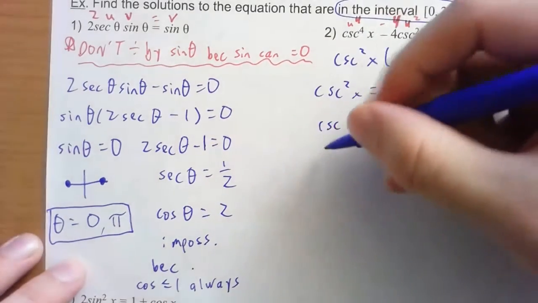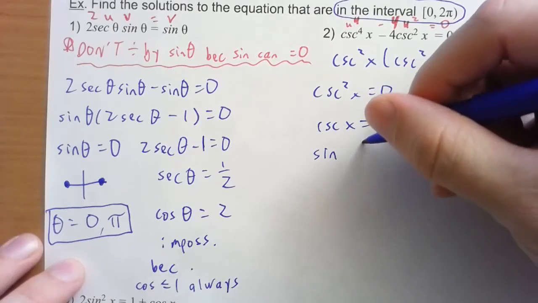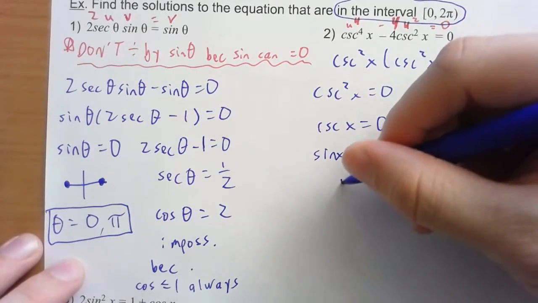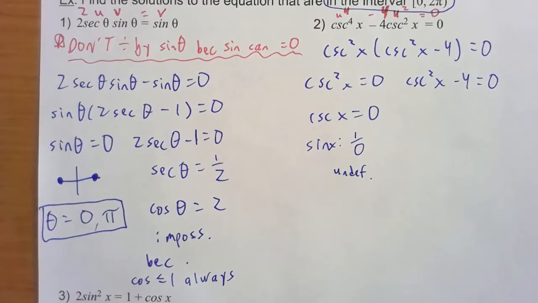Don't know much about cosecant. I know a lot more about sine. So if cosecant is 0, sine would be 1 over 0. Well, 1 over 0, though, that's undefined. Well, let's try to think about when sine was undefined. Think about the graph of sine. Where did it have any holes or asymptotes? It didn't, right? It never did.